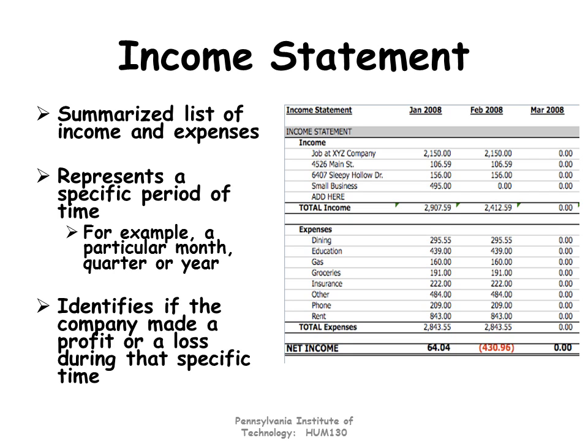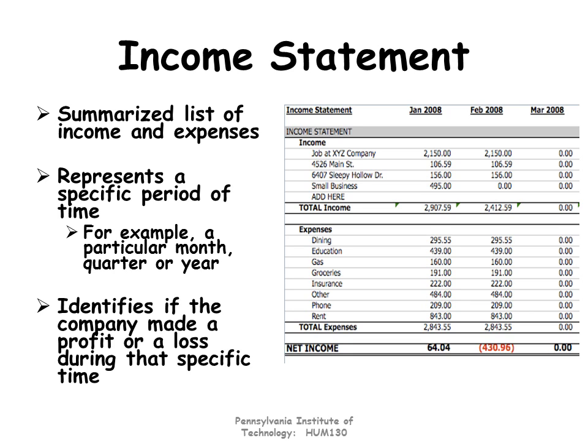So if you look at the income part, this company looks like it's some sort of construction company, or they do work for homes and businesses. They have their income listed by the job. They made $21.50 both January and February at job at XYZ company.